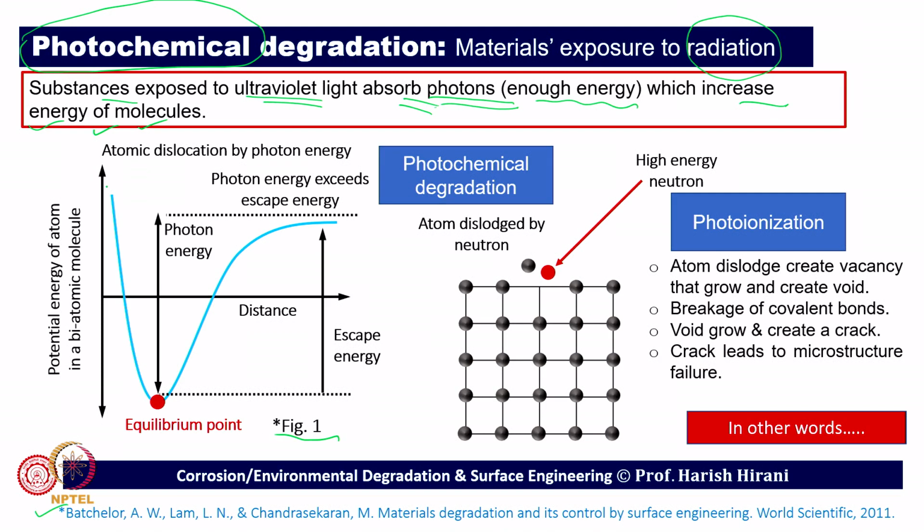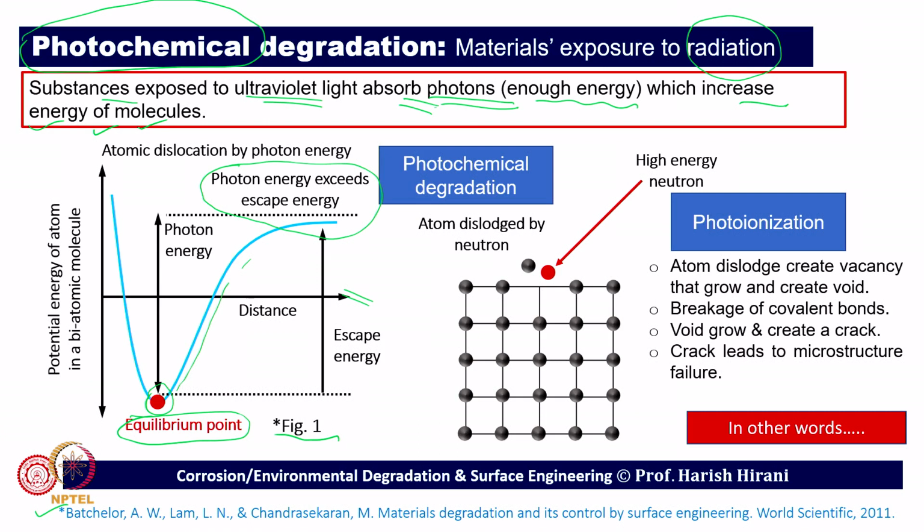In this case, this is the equilibrium point, the stabilized point. Now, if a photon is absorbed by this atom, what will happen? It will get destabilized, and then it will leave, maybe whatever the critical part, and will come up and then escape. So this photon energy exceeds the escaping energy of the molecule or atom.